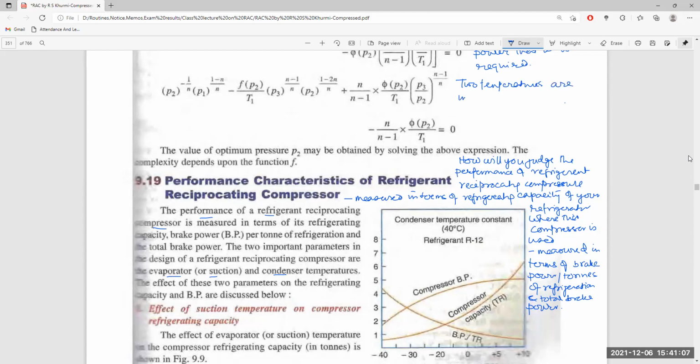That is the lower temperature and the higher temperature of compression, the suction temperature and discharge temperature.